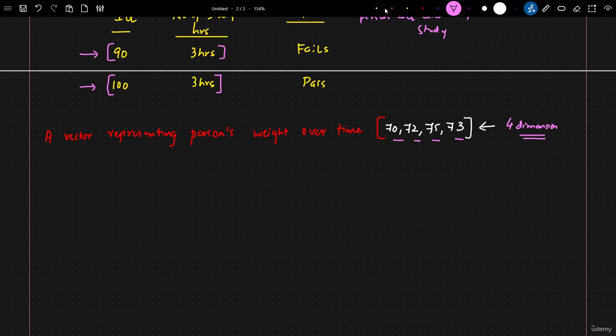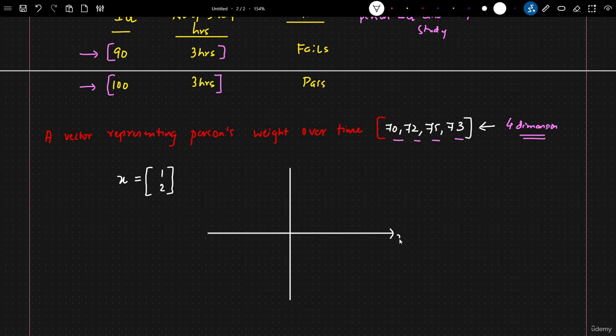Let's say I represent it with respect to physics. Let's say I have a vector called X, represented by 2 dimensions, with the value 1, 2. In order to see this vector in physics, we create a coordinate system. This is my x-axis, this is my y-axis.